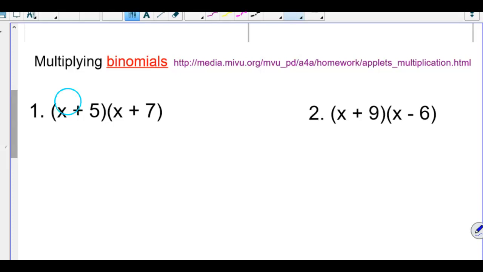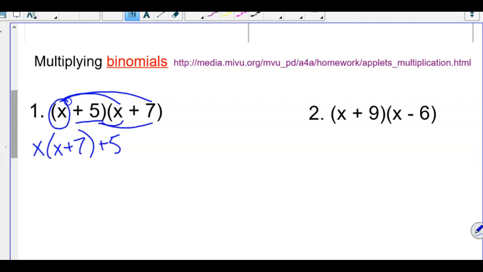I'm going to take this first term and I'm going to multiply it to everything here. So that would be x times x plus 7. Then I'm going to take the second term, which is plus 5, and I'm going to multiply it to everything in that second set of parentheses again. So I'm going to distribute twice. The x to everything and the 5 to everything.